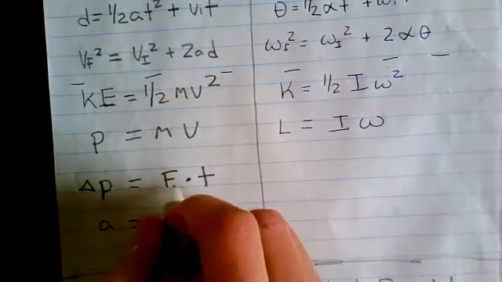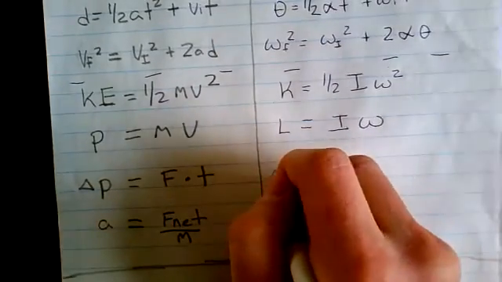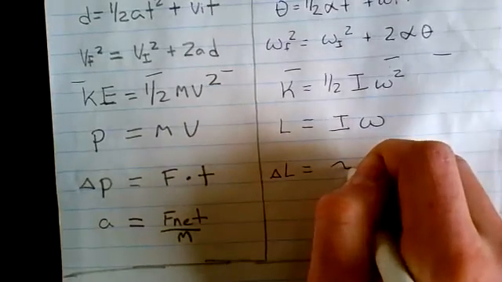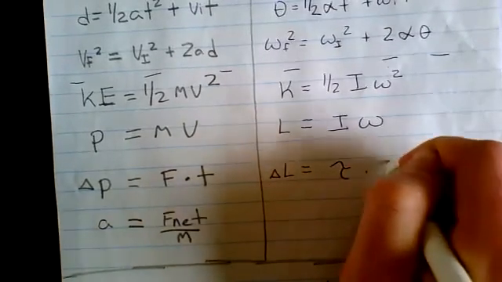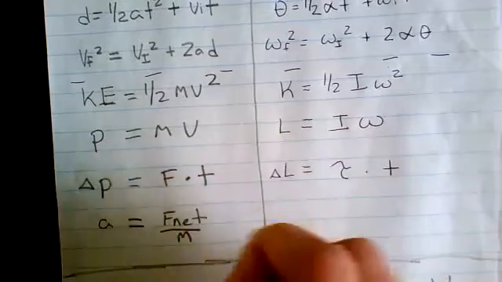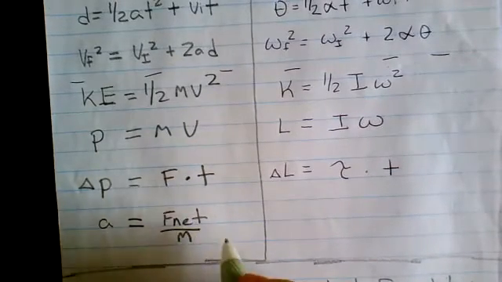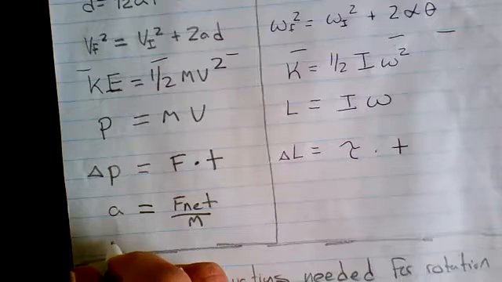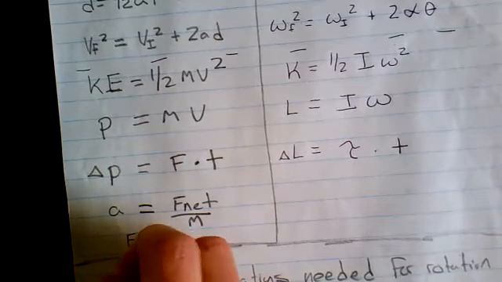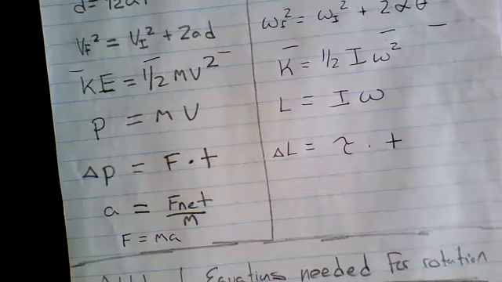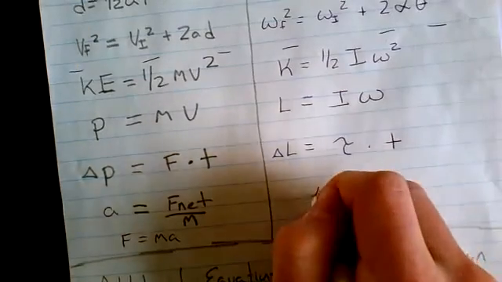Change in momentum equals F times t. Change in angular momentum equals torque times time. Acceleration equals F net over m, or its common form of F equals ma, Newton's second law.